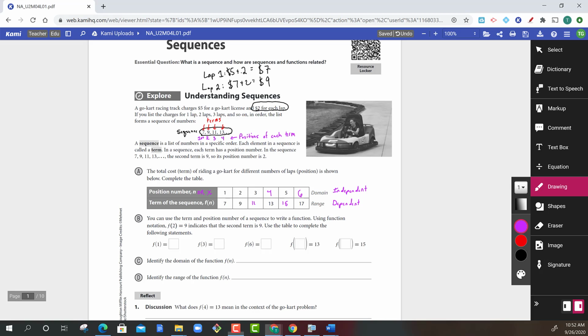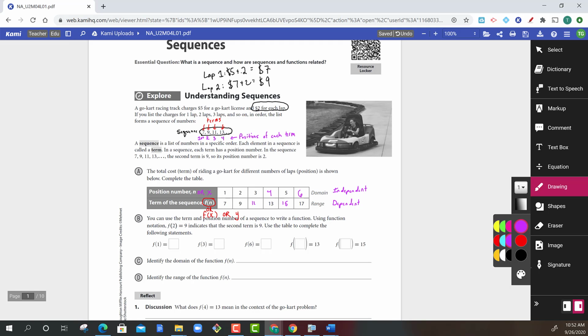And again, notice this is our y variable, or instead of y, they're going to use function notation. So we could also write this as f of x, or back in pre-algebra, you probably wrote this as y. So f of n is the same thing as f of x, which is essentially the same thing as the variable y.